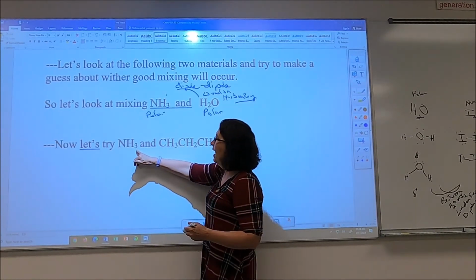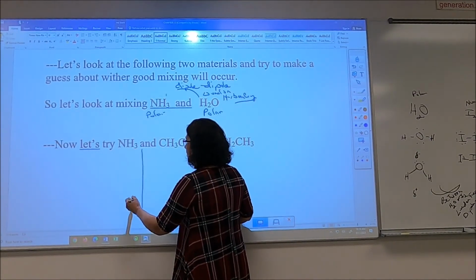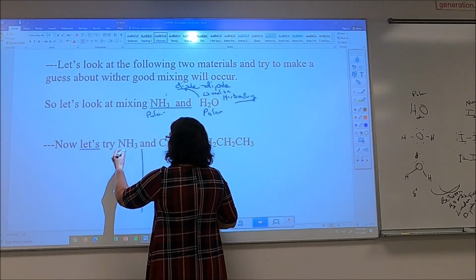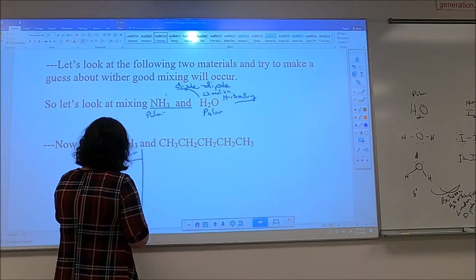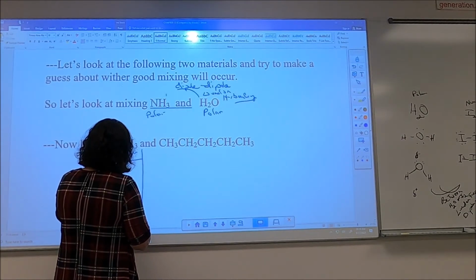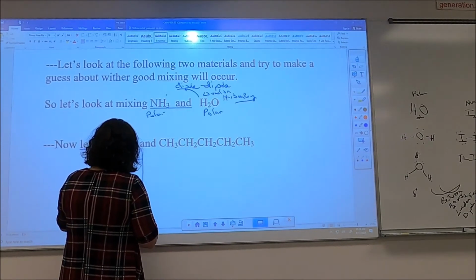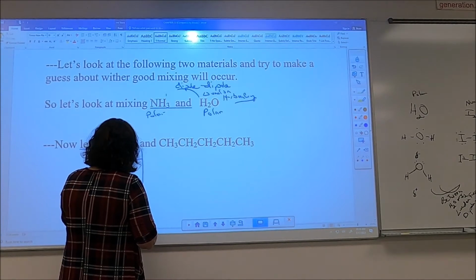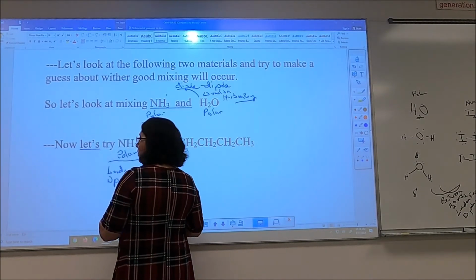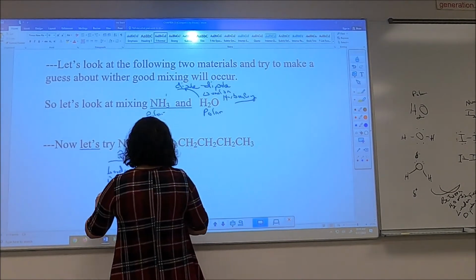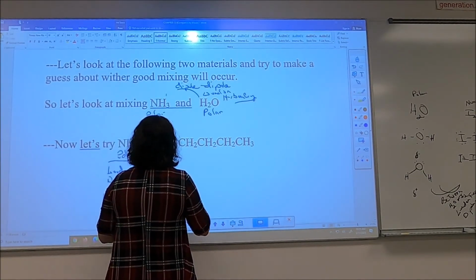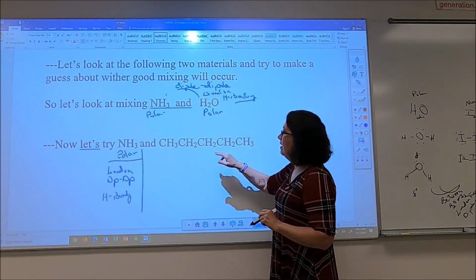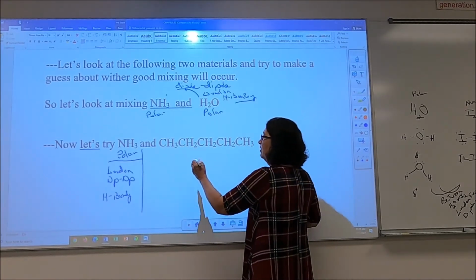Now, here we have ammonia, which we know is polar, and in between ammonia molecules we know we have London, dipole-dipole, which I'm just going to abbreviate DP-DP, and we have hydrogen bonding. Now when I look at this other molecule, it's all carbons and hydrogens.